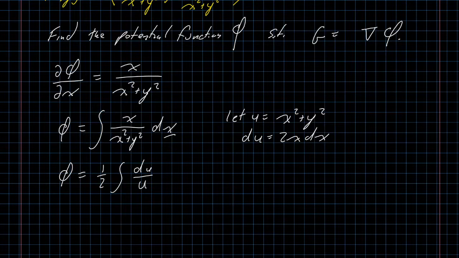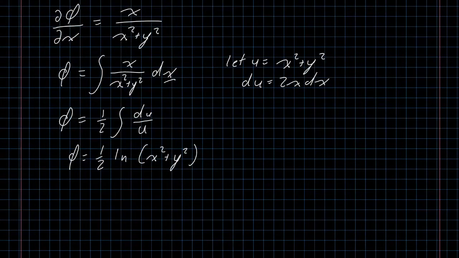The integral of du over u is the natural log of the absolute value of u. U itself is x squared plus y squared, which is always positive. And I guess I can take that 1/2 and bring it inside the log. It's a little bit more sensible to write this as the natural log of the square root of x squared plus y squared.